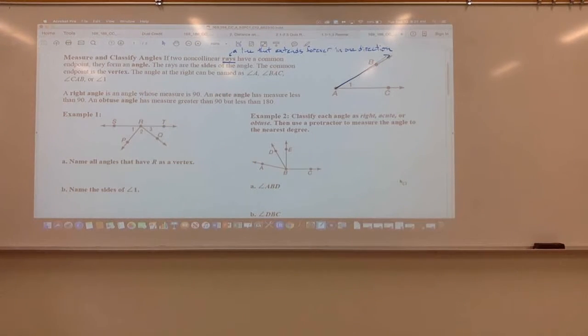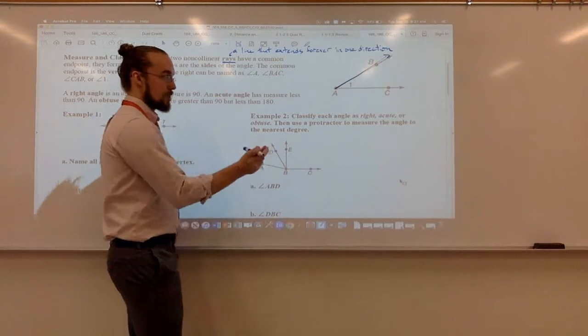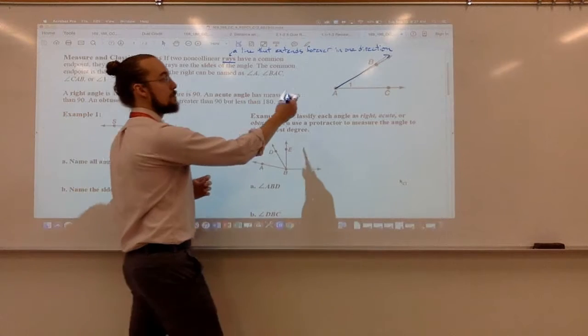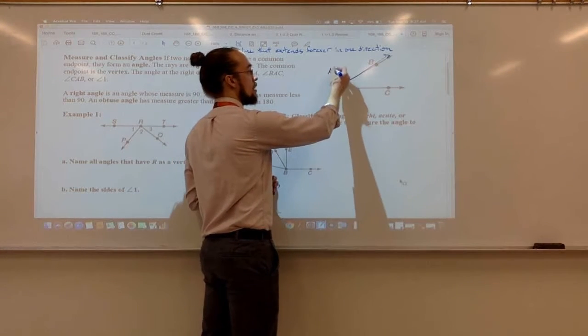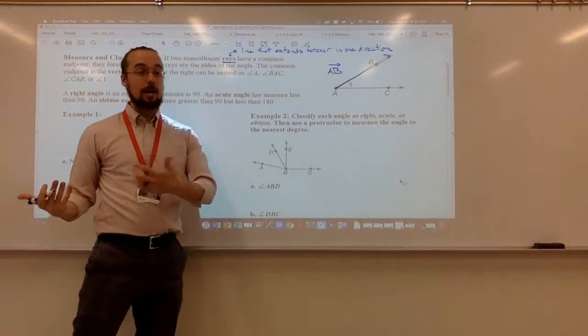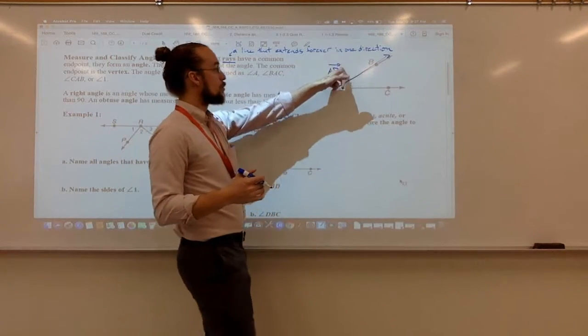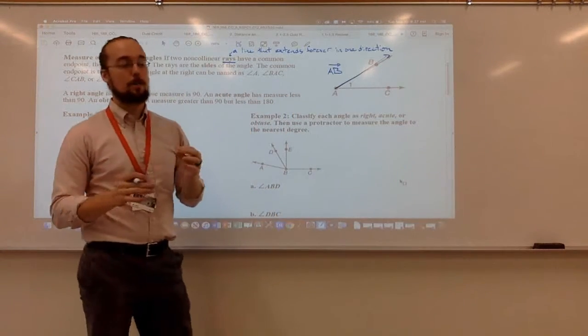I'm going to choose 2 points and draw a line over top. This is a slight difference though. If I want to name this ray, I'm going to call it AB and draw a line over top with one arrow. For a line, we drew 2 arrows. For a ray, we're just going to show that we have 1 arrow going forever in one direction.